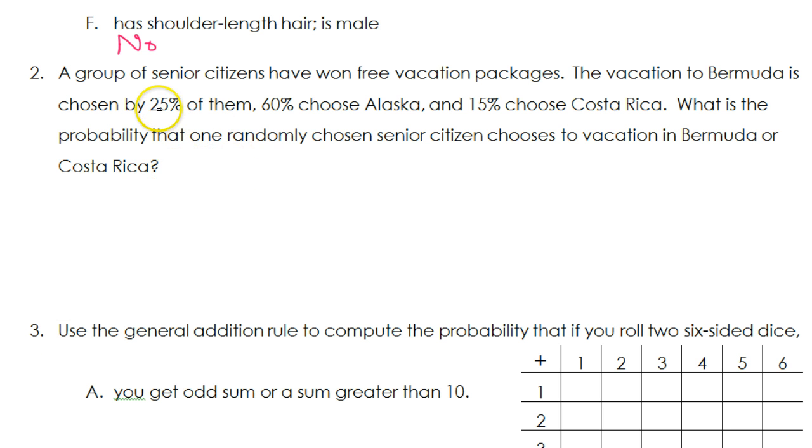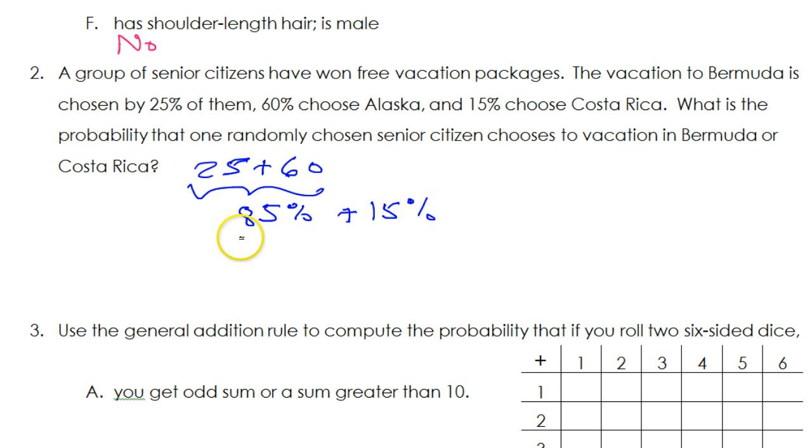All right, now look at these percentages. 25% plus 60%. So far, that's 85%, right? And then plus 15%. So guess what? That's 100%. So the 25, the 60, the 15, that's all of the people.